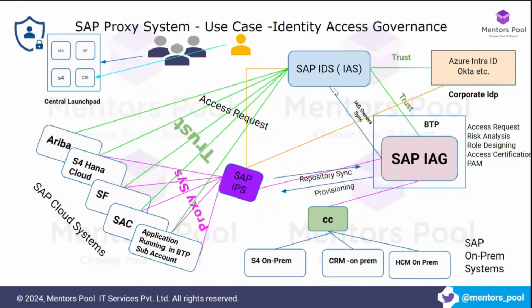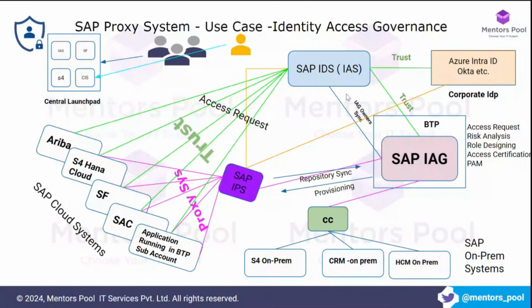Also, there are IAG owners. If you know GRC, you have different owners. IAG owners you also define in IAS. And for that, you create a destination, because IAG needs to integrate with IAS to pull the data of owners into IAG. So you need to integrate. That's why this line is there.